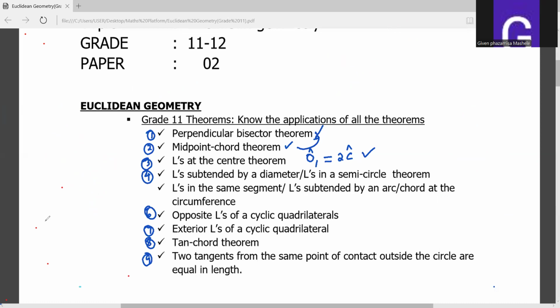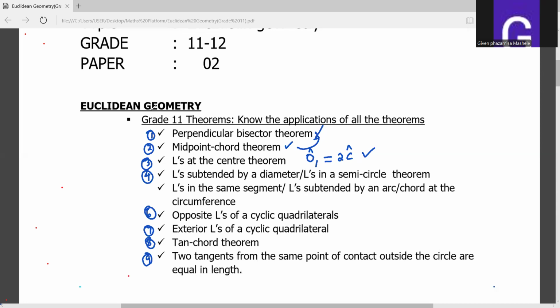Now, we're going to move on to theorem 4. Theorem 4 states that the angle subtended by a diameter, or angle in a semicircle. Actually, we can say angle subtended by the diameter at the circumference is a right angle.